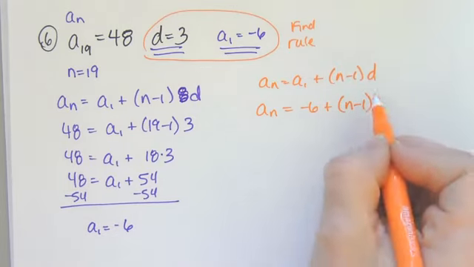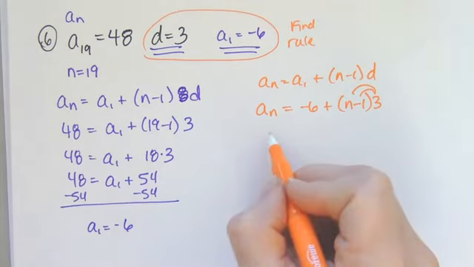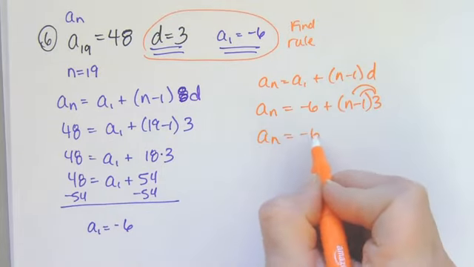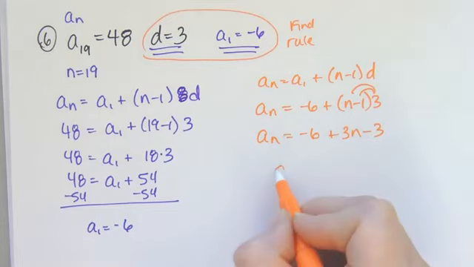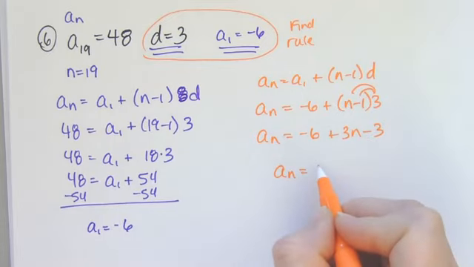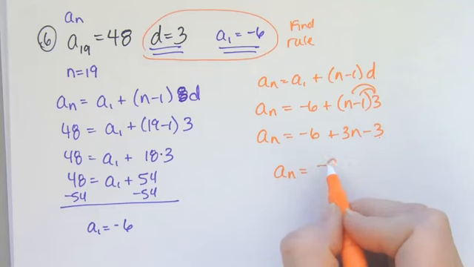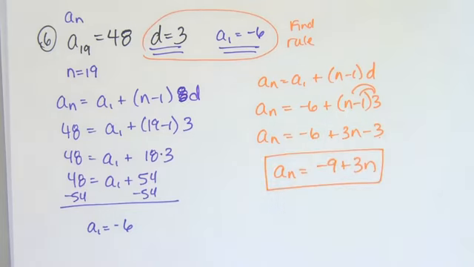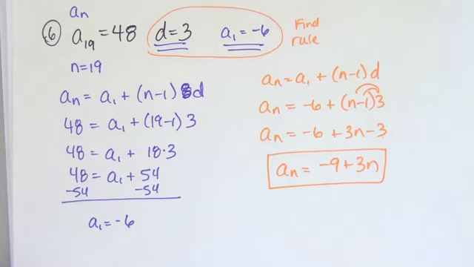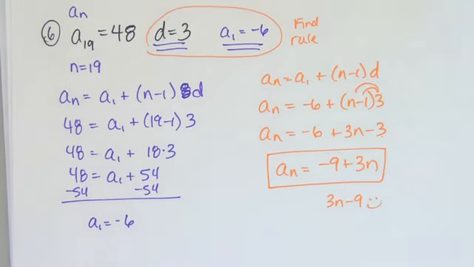D is 3. You'll distribute your d. A sub n equals negative 6 plus 3n minus 3, and then combine like terms. So negative 6 and negative 3 is negative 9 plus 3n, and I've got my rule. Again, if you wrote that as 3n minus 9, that's just as good.